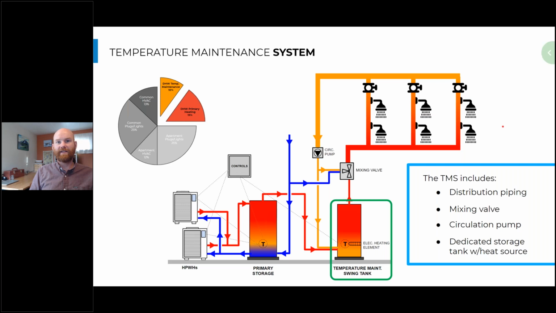So we still have a temperature maintenance system with our gas or electric resistance water heating systems, but they're not challenged by that return water temperature like the single pass heat pumps are. And so here with the heat pump example, we might be looking at a dedicated temperature maintenance system to address those issues and the thermal stratification.